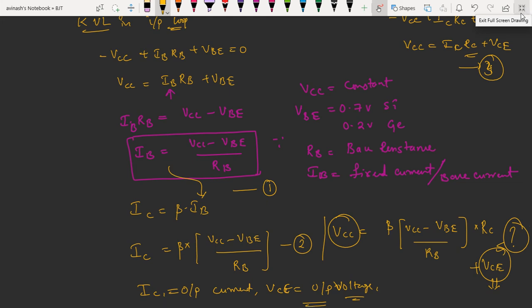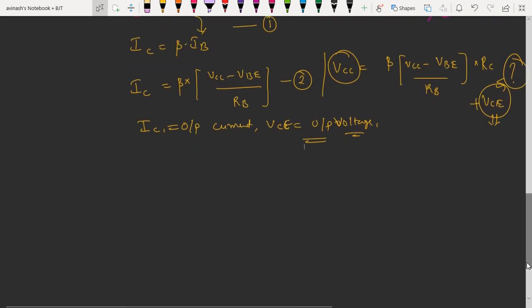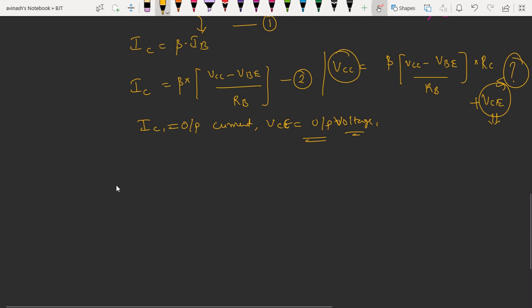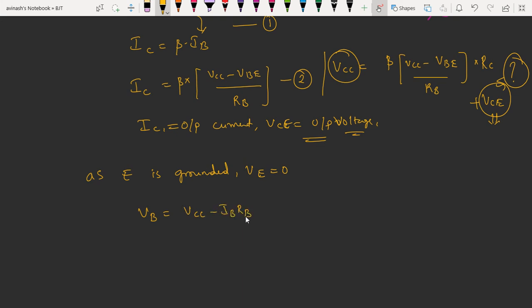So the collector junction gets reverse biased when VC is greater than VB, so the transistor operates in the active region. As the emitter is grounded, the voltage at the emitter will be 0. Then the base voltage VB will be positive. We know that VB is equal to VCC minus IB into RB.